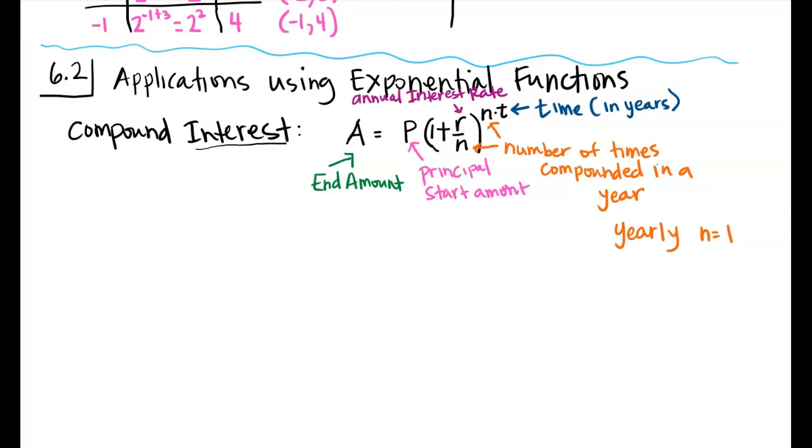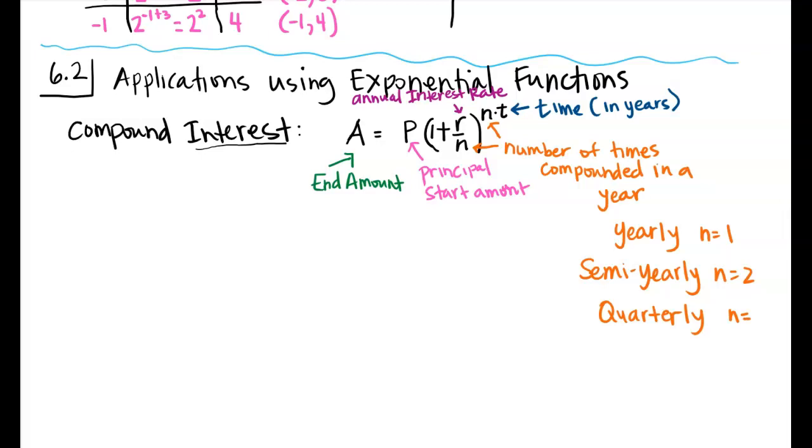If it says that it's compounded semi-yearly, right, then that means twice a year, so N equals 2. Right? What if it said quarterly? Would it equal 1/4?